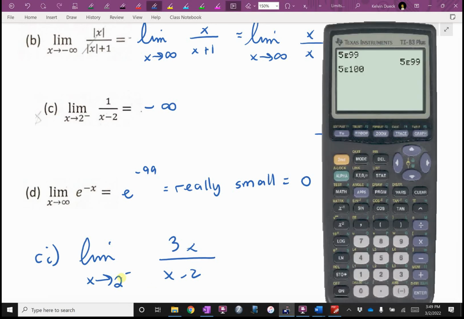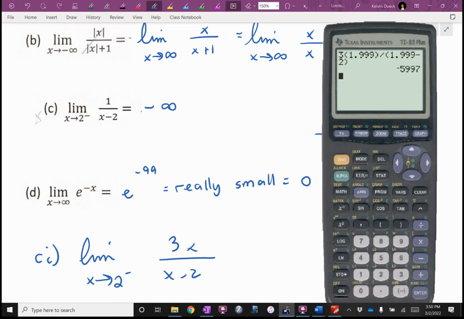If this was a limit to infinity, then this would end up being a 3x over an x and the x's would cancel because the x's would dominate. We're not doing a limit to positive or negative infinity, so it should be 3 times 1.999 divided by 1.999 minus 2.